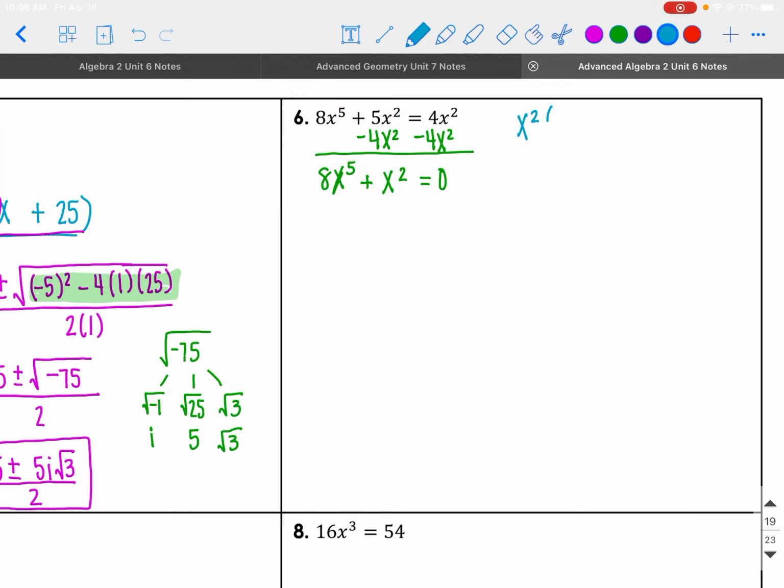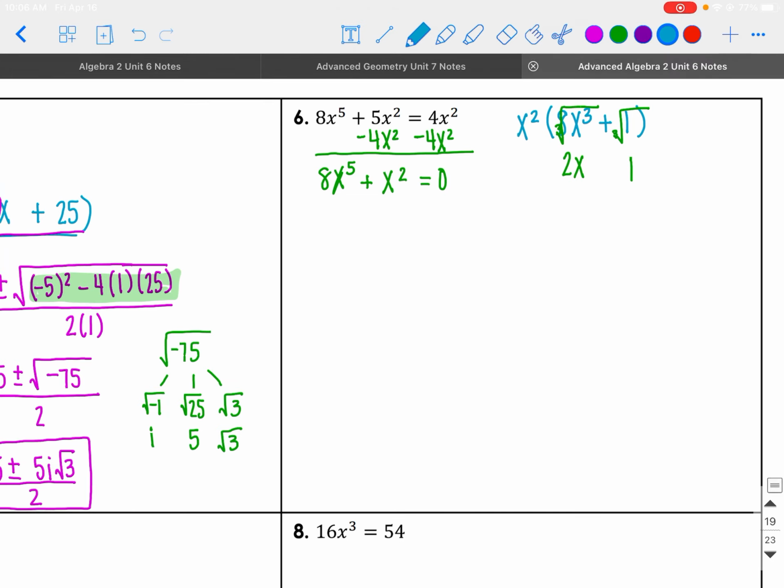So this has a GCF of x squared. And then we have sum of cubes. Cubed root, not square root. So the cubed root of 8x cubed is 2x. And the cubed root of 1 is 1.